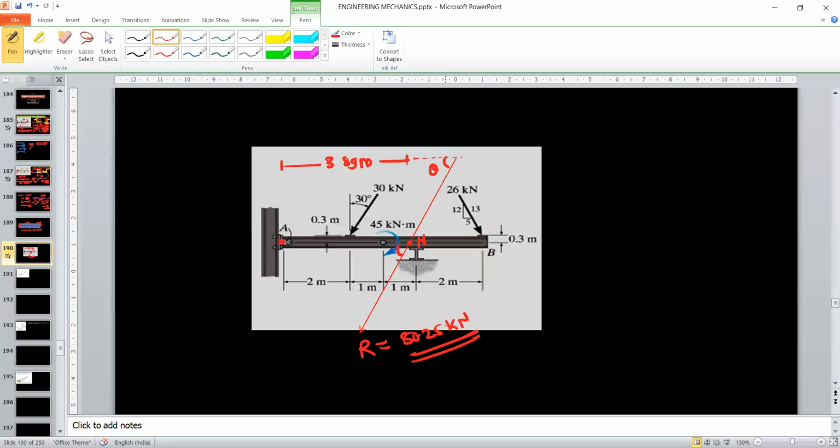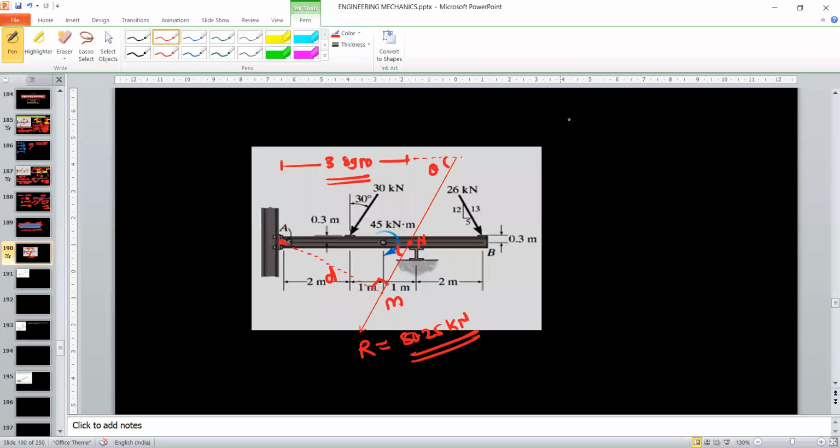Okay. So actually we calculated initially by Varignon's theorem this perpendicular distance, because Varignon's theorem will only give the perpendicular distance. So this is the distance D. Okay. And by using trigonometry for this triangle AMN, you can find out the distance AN. So you should use sine theta and you will get the distance as 3.89 meter.